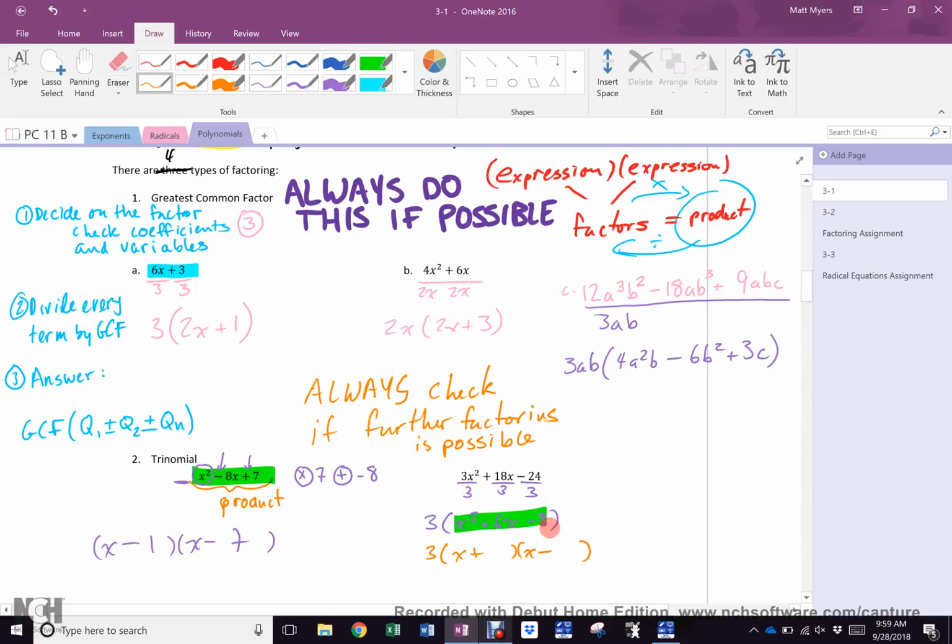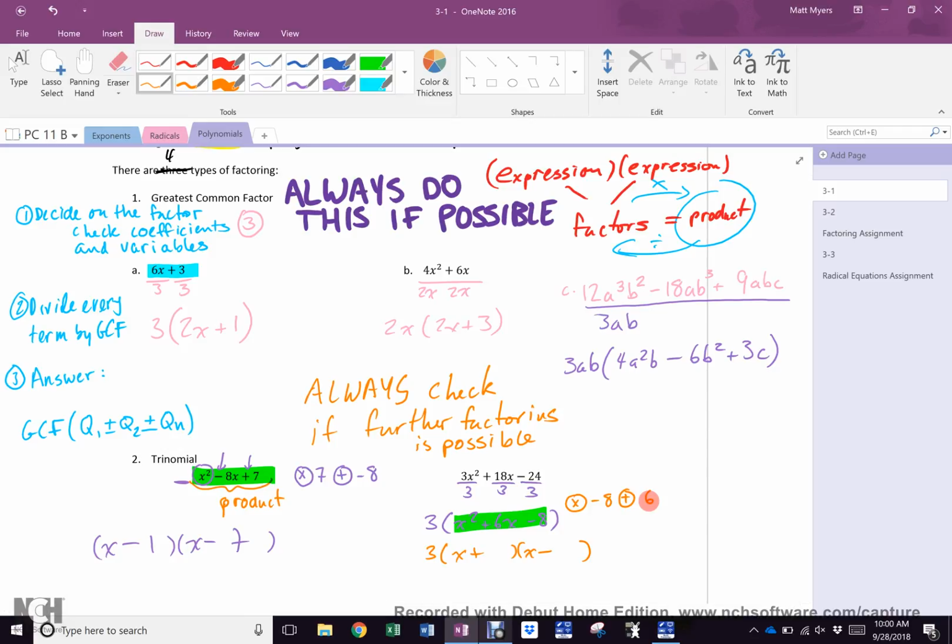And if it's going to break down, I need two numbers that multiply to negative 8 and add to 6. What are they? Ayaka says they're 4 and 2.